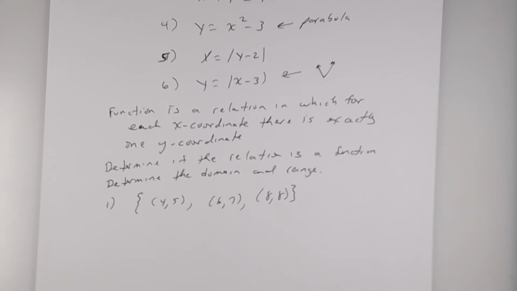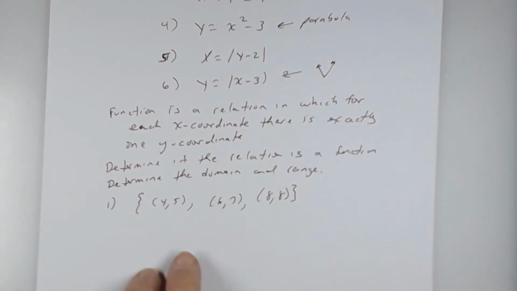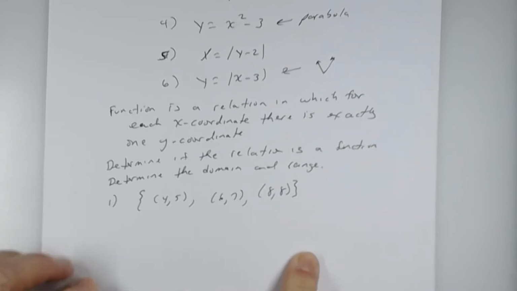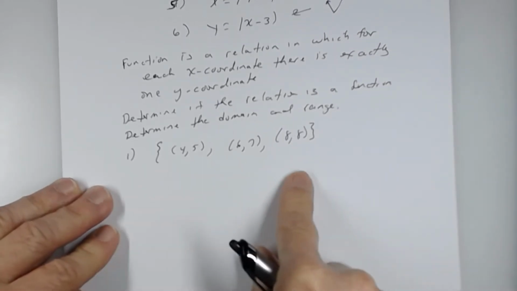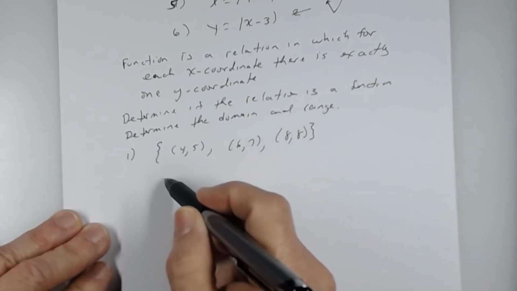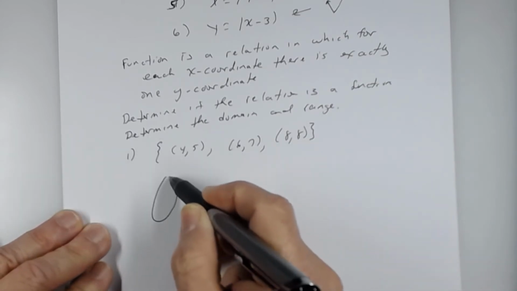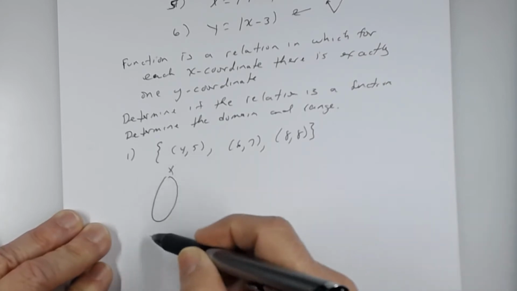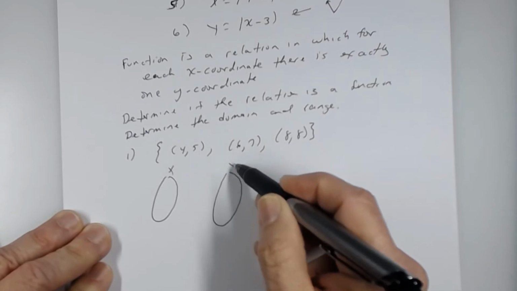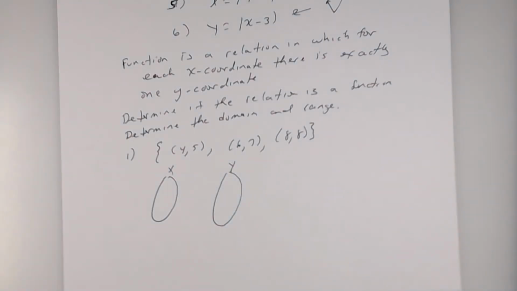Now the best way to think about that, especially when there are a lot more ordered pairs, is, although there are only 3 here, so it's easy to do this without writing things down, when a finite set of ordered pairs is given, it's easier to think about it by using a mapping. So I'm going to call this x, just a little oval right here, and then this will be y. Listen to the words.